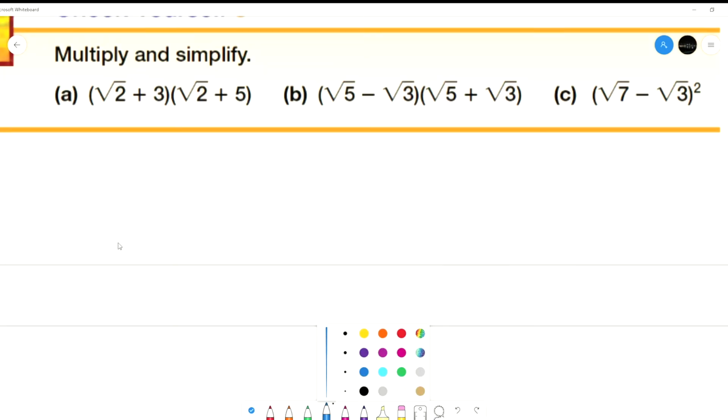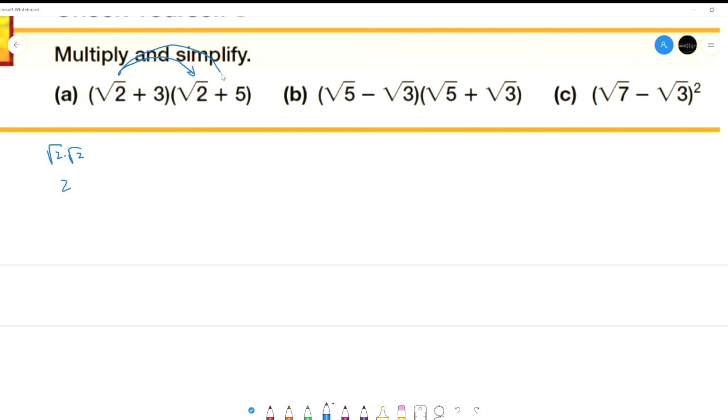let me start recording. We have the square root of 2 plus 3 times the square root of 2 plus 5, right? So if you recall, we're going to FOIL. So root 2 times root 2, that's my 2.